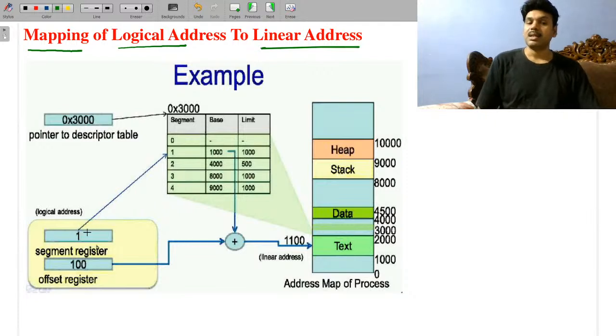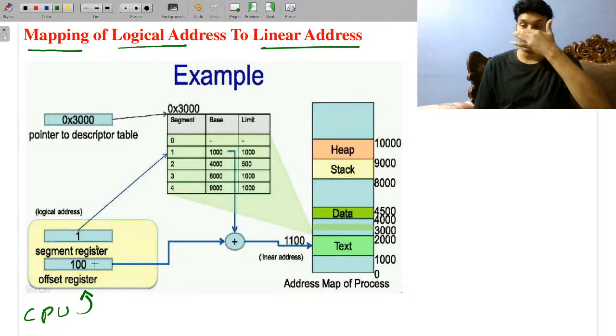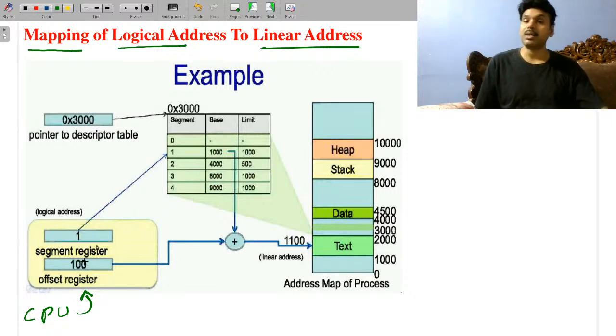The CPU generates a segment ID and a segment request. That means the requested instruction size is 100. Immediately it verifies in the segment map table, where there is a pool of segments.